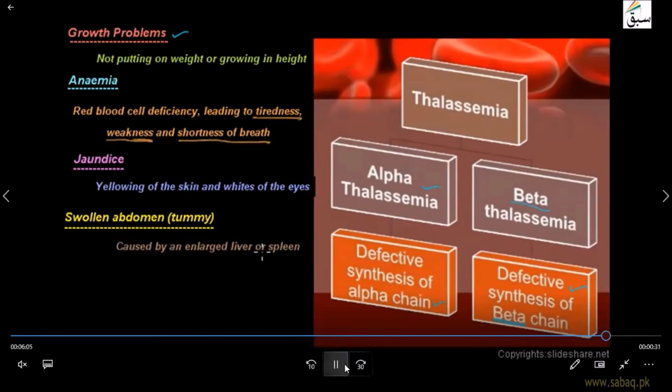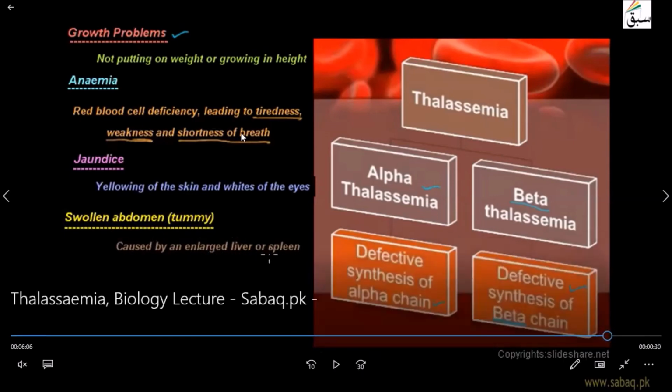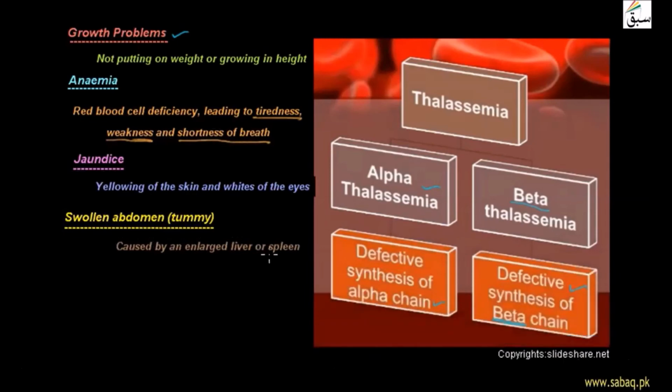I told you that in a fetal or embryonic stage, the RBCs are formed in the liver or spleen, but at a mature stage, they are produced through bone marrow. But wherever they are produced, at the end they have to be broken down in the spleen or liver.